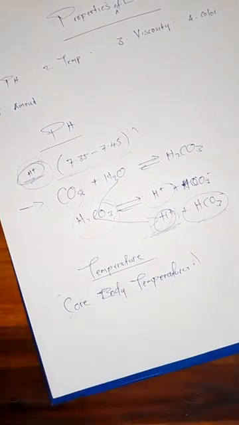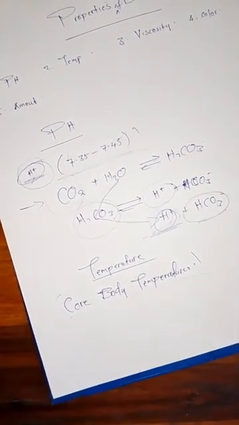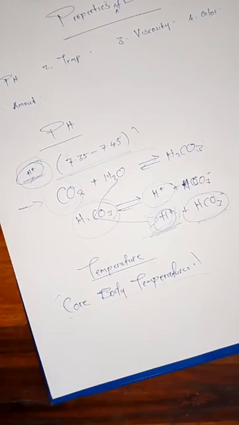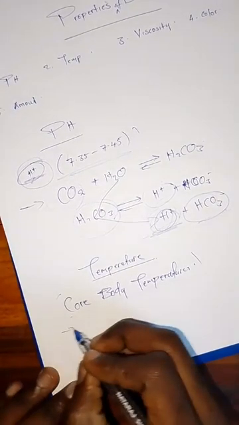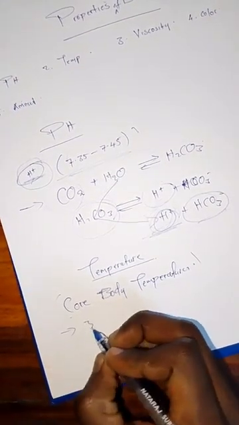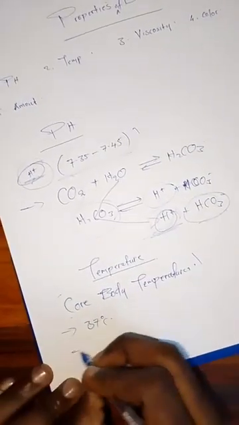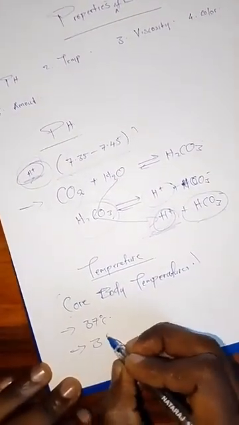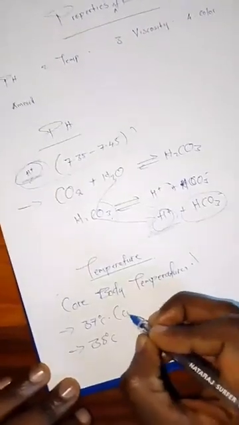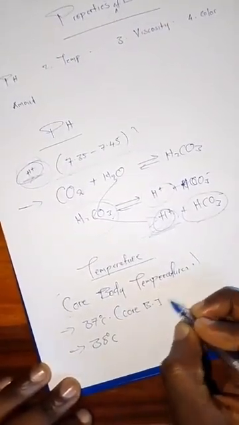Deep organs of the body, like the lungs, the heart, the brain, the liver, intestines, and so on, have a specific temperature that they tend to operate under, and that temperature is approximately 37 degrees Celsius. But the blood will have a temperature of 38 degrees Celsius.